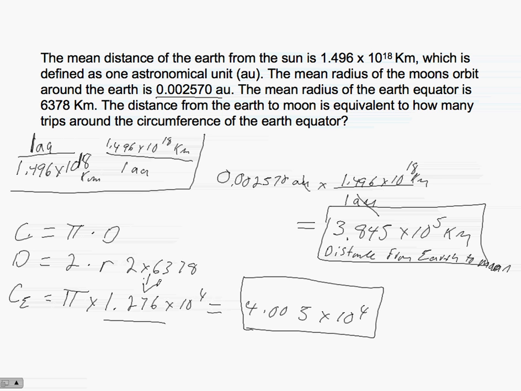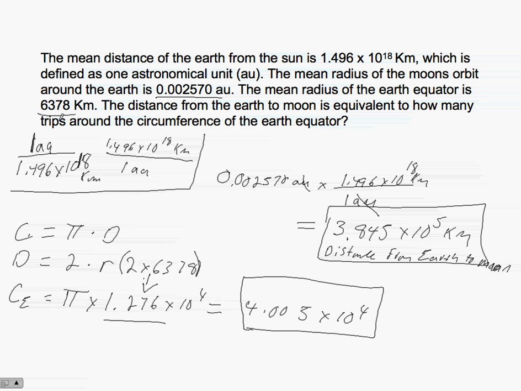That number is equal to 1.276 times 10 to the 4th. So this is where our diameter comes from. We're told in the equation that we have 6,378 kilometers.